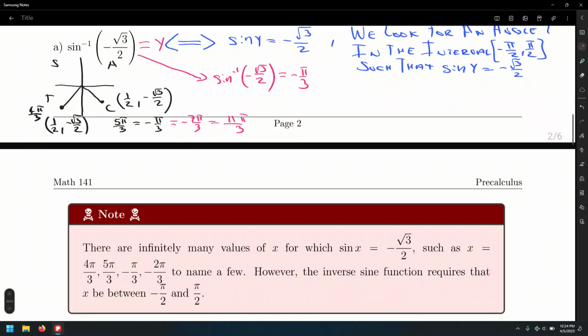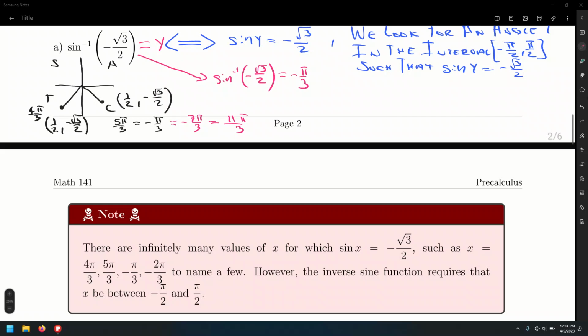There are infinitely many values for x for which sine x equals negative root of 3 over 2, such as 4 pi over 3, 5 pi over 3, negative pi over 3, negative 2 pi over 3, and infinitely many 2 pi multiples of those angles.